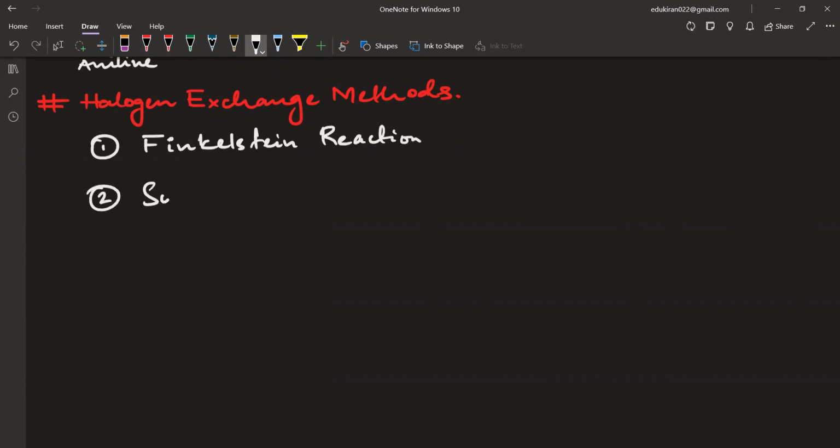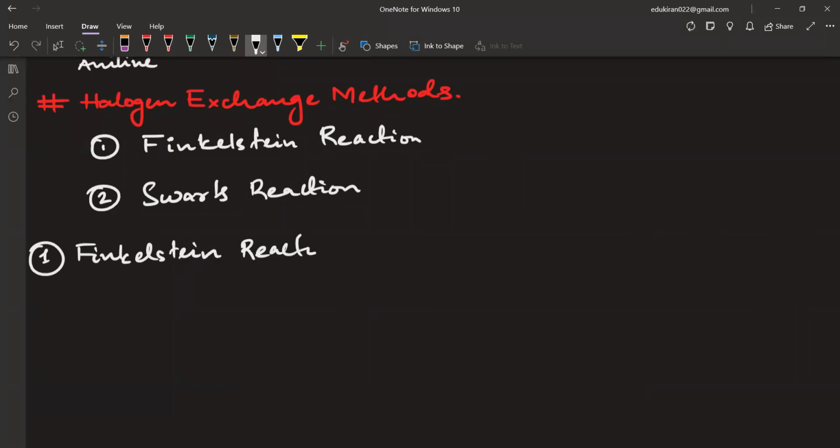Second is Schwarz reaction. Write the number one, Finkelstein reaction.